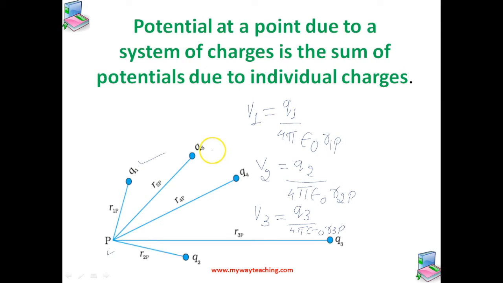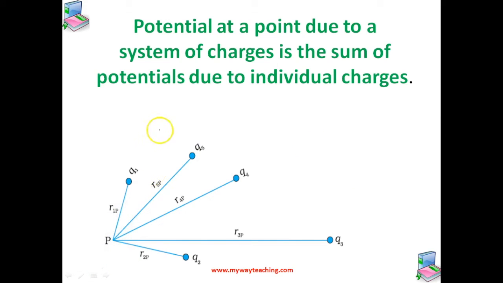So that we can write the total potential V at point P due to the system of charges is given by the algebraic summation of potential due to individual charges, V1 plus V2 up to Vn, isn't it?